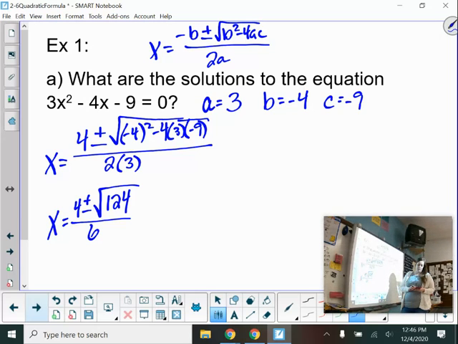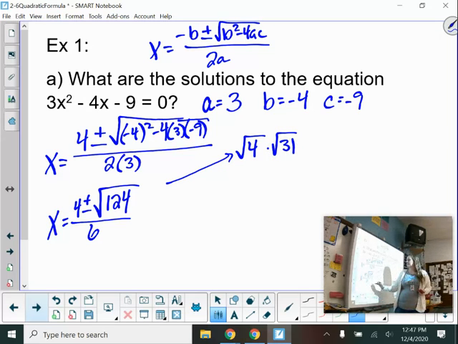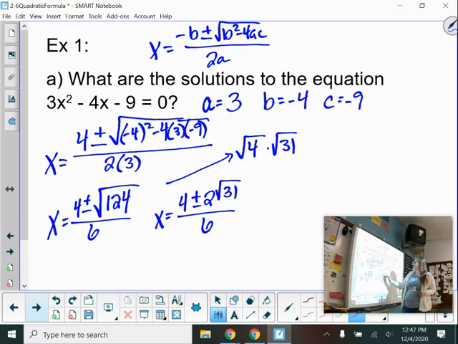So 124, the greatest perfect square factor of 124 is 4, and that's 4 times 31. So this is actually going to turn into 4 plus or minus 2 square root of 31, and then the whole thing all over 6. Again, the square root of 4 becomes the 2, the 31 stays inside the radical.